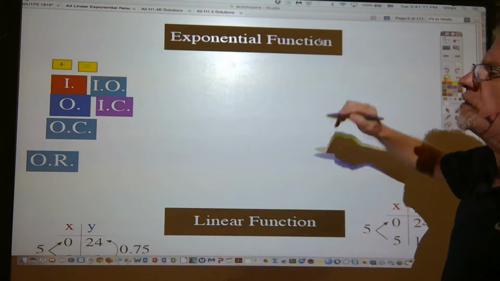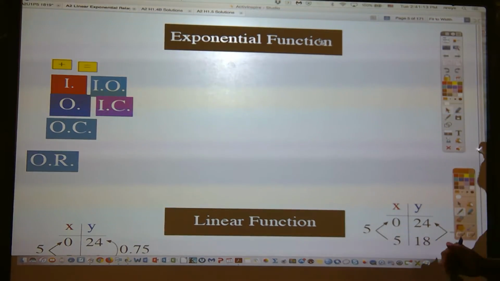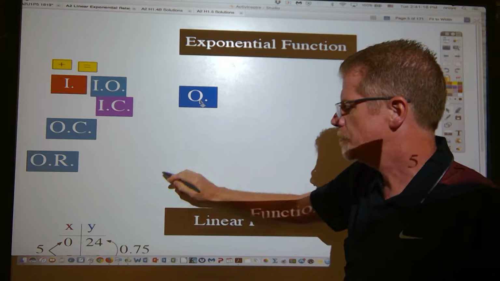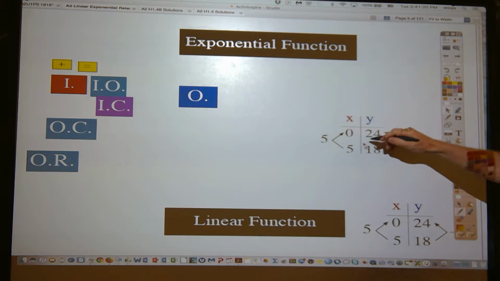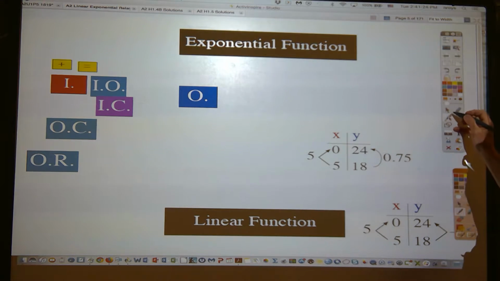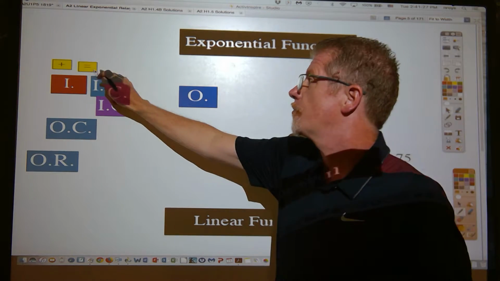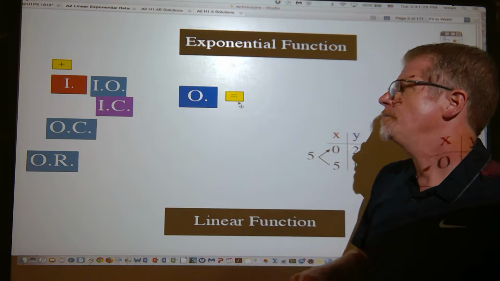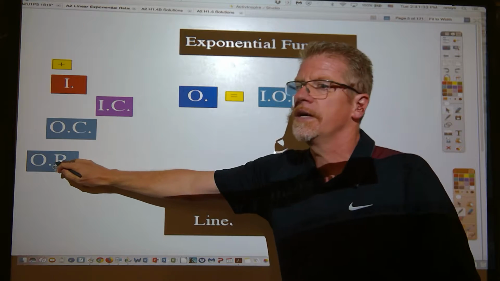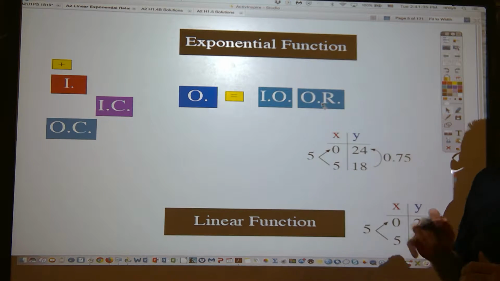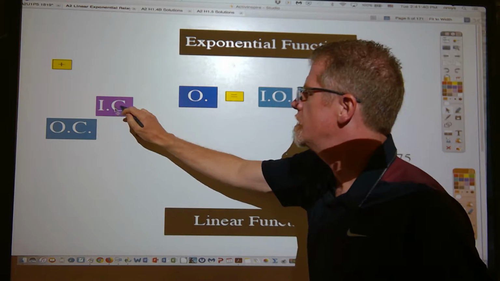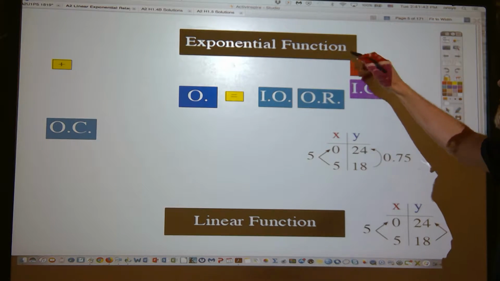So the next thing we want to arrange with our building blocks is this. We want to be able to say in an exponential function, the output, so that we can model this situation, a drop of 25% every 5 years. For an exponential function, output equals initial output times output ratio to the input over input change.